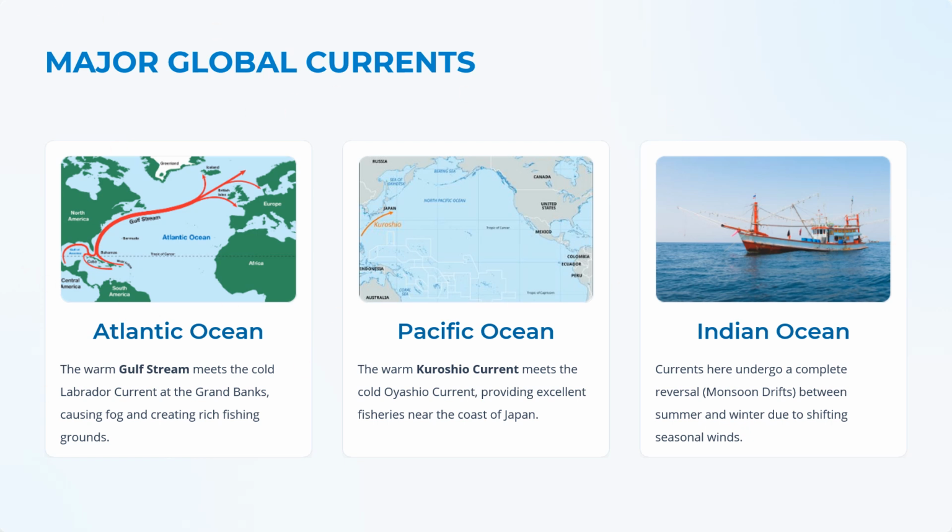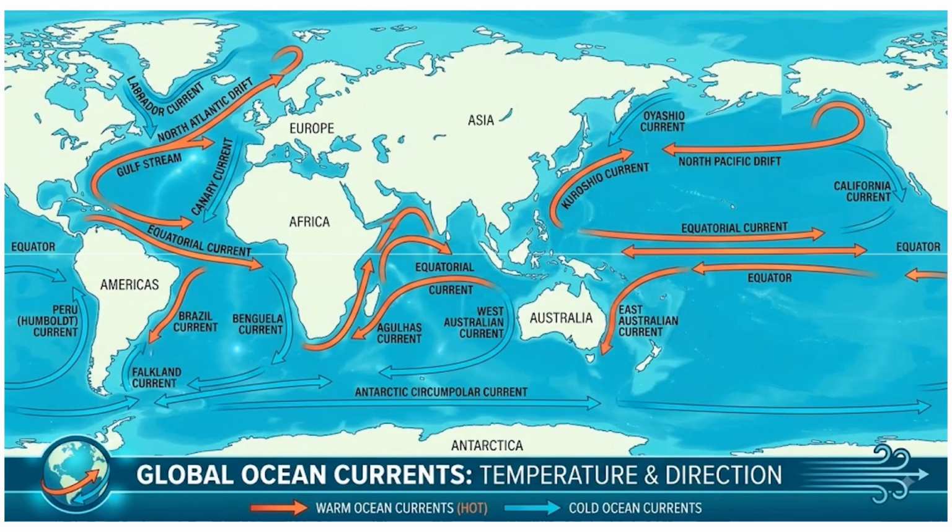So let's have a look at the oceanic currents. These are the major global ocean currents and their directions. The red arrows are warm currents and the blue arrows are cold currents, right? So this is the Pacific. Let's start with the Pacific.